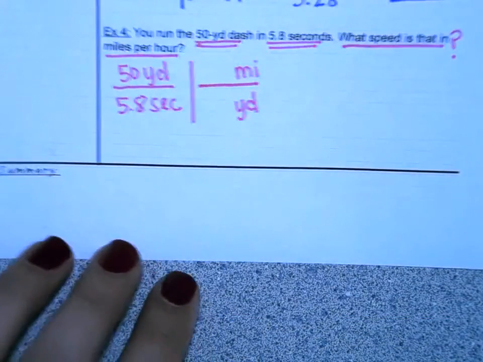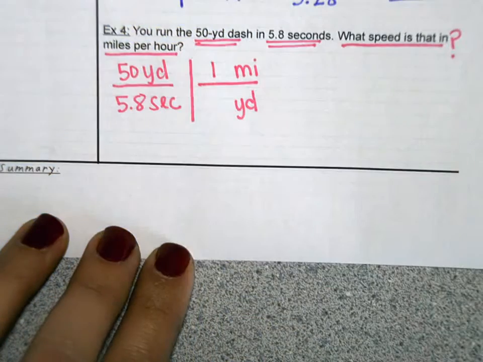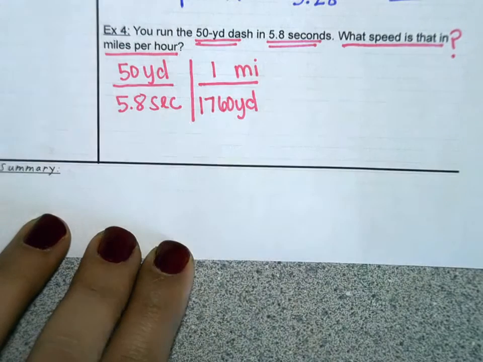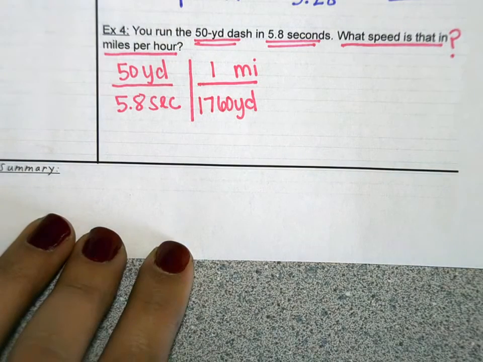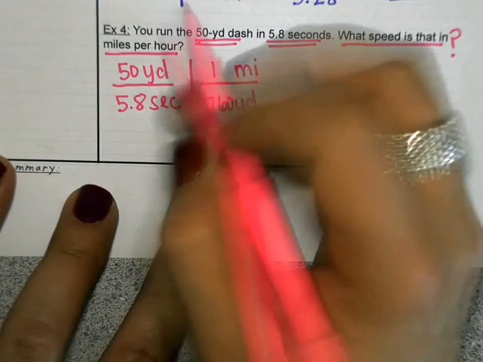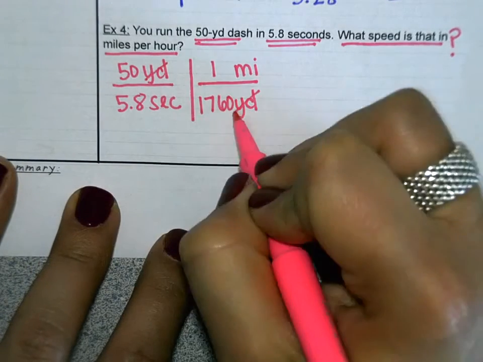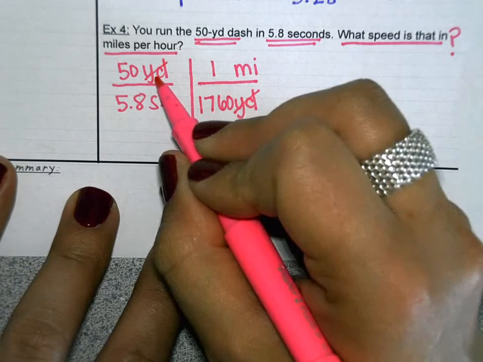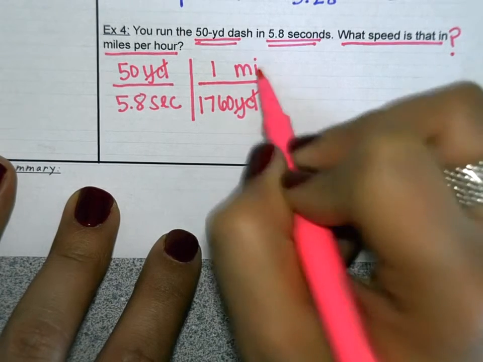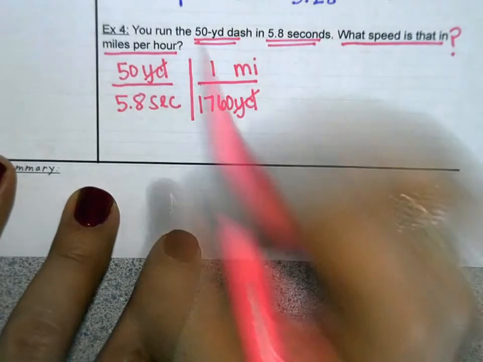So 1 mile is 1,760 yards. So what I want you guys to make sure that you do is note that the yards reduce, because I had 1 in the numerator and 1 in the denominator. And now I'm left with just miles on top, which is what we want to happen because we're looking for miles per hour.